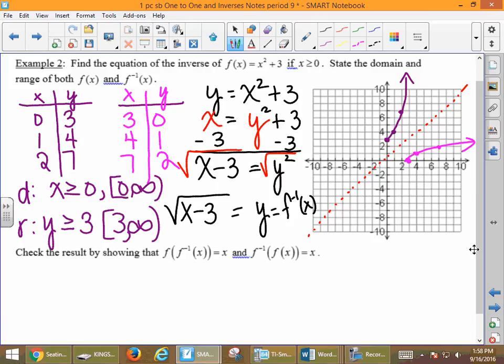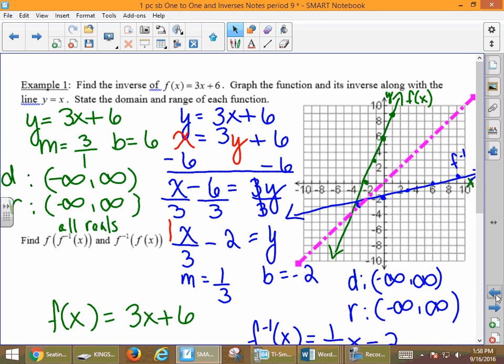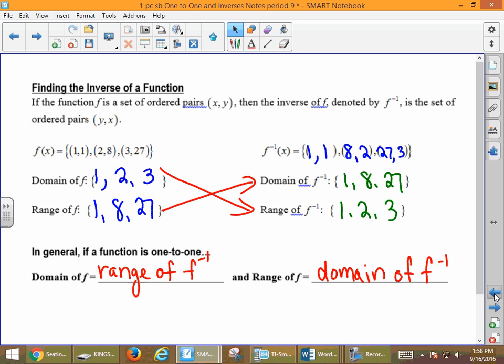So now, we need to look at the domain and range of our other function. But if we go backwards for a moment, remember what happens here. To find the domain and the range of an inverse, the domain became the range of the inverse, and the range became the domain of the inverse.